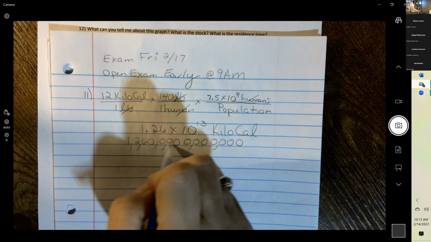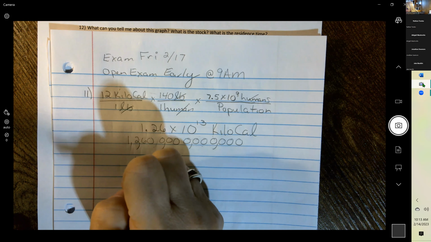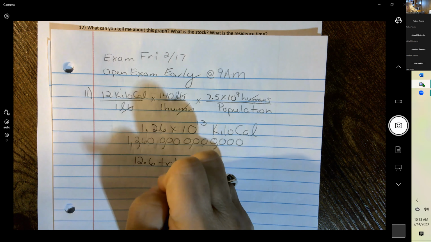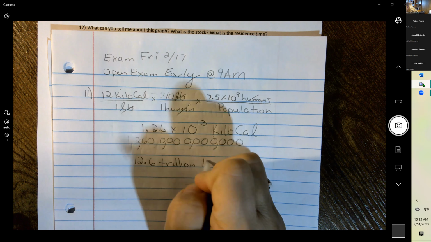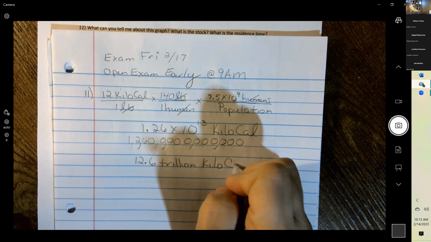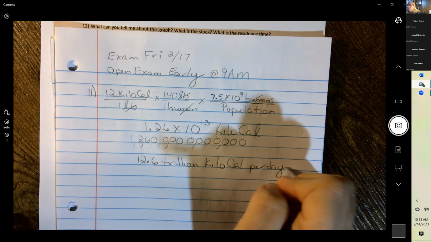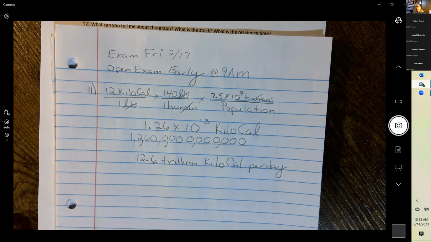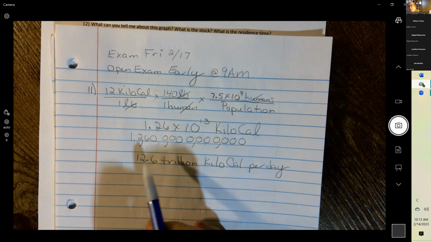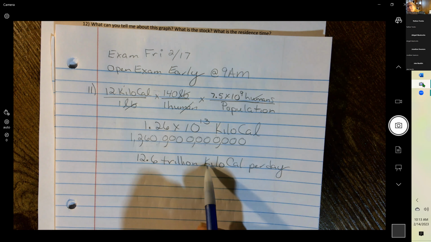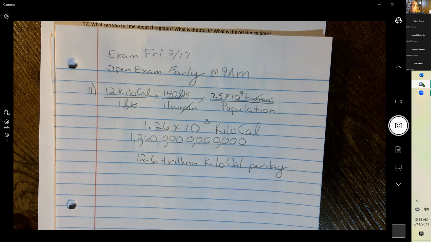Thousand, million, billion, trillion. So the human population consumes or should consume 12.6 trillion kilocalories per day.